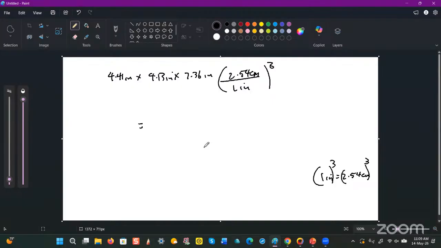And again, we have to round off to 3 sig figs because these are measured values. These are each 3 sig figs. This is exact. So according to my calculation, this works out to be 4.86 times 10 to the 3, or 4860. And the units here would be centimeters cubed.